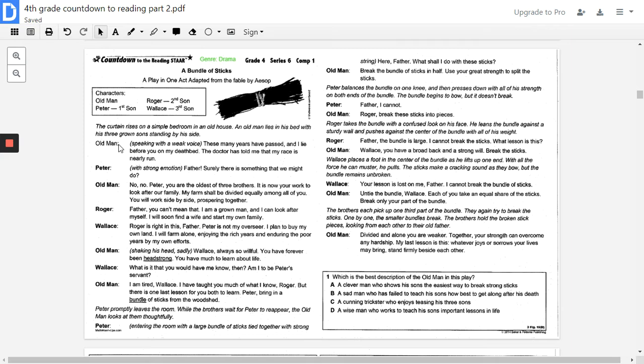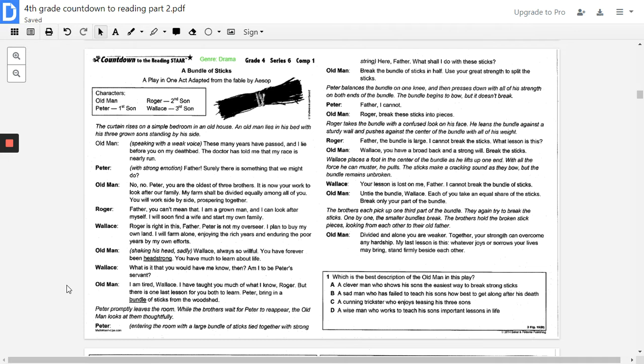Next, we have our dialogue. And the dialogue is basically the conversations that happen between characters. So here is a old man, and then you have these different speaking parts, followed by Peter with his different speaking parts, Roger with his speaking parts, and Wallace with his speaking parts. Everybody has their speaking parts within a play.